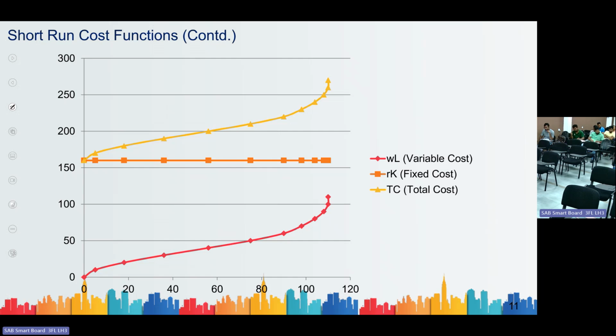Initially increases at a decreasing rate, and then starts to increase at an increasing rate. So this is total cost. This is total fixed cost. This is total variable cost. And the difference between total cost and total variable cost is total fixed cost.